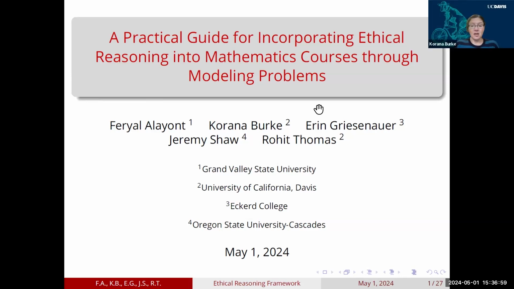We have a variety of classes, and it also means that we have a variety of majors taking our classes. So what we're going to be talking about today is going to be applicable to not just math majors, but also all sorts of majors that I see at UC Davis, anything from economics to bio to engineering to even agricultural sciences.